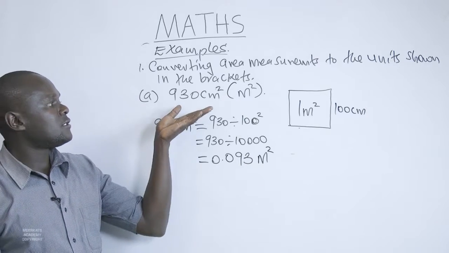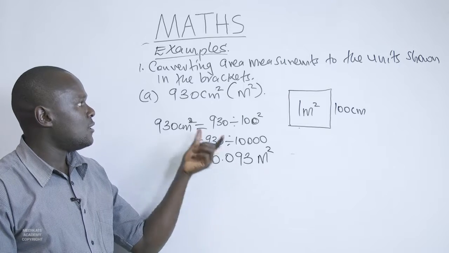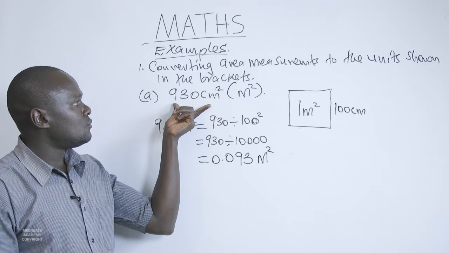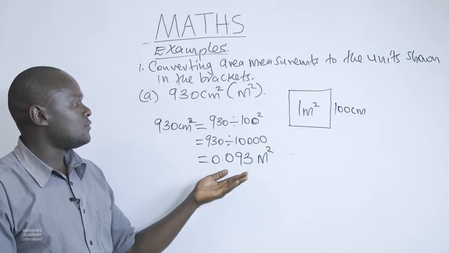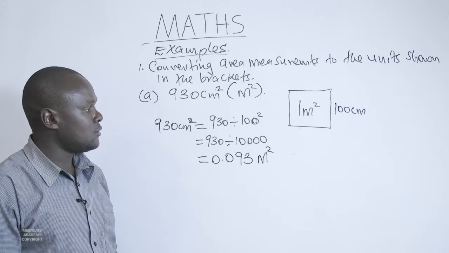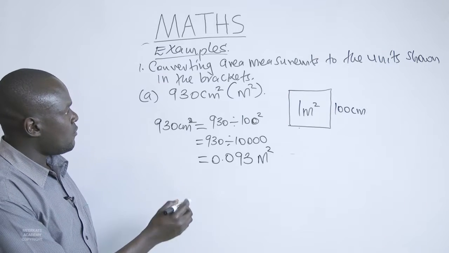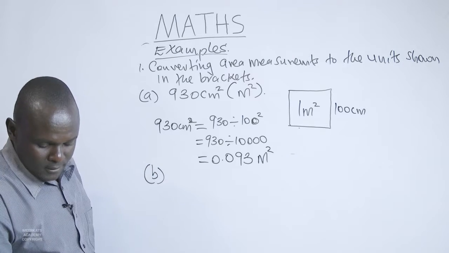So we have converted from square centimeters to square meters. This operation involves division by 10,000 to arrive at an answer which is 0.093 square meters.